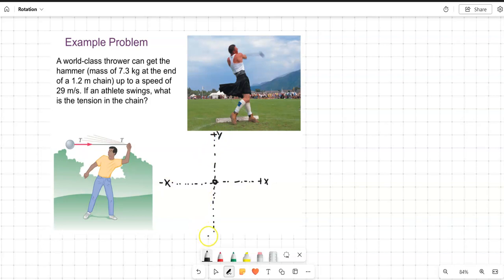Make sure that looks like y, and this will be the negative y direction. So that's our coordinate system. We're doing a force diagram on the ball. The ball is right here. We're going to have a force, the mass times gravity force, acting down on it in the negative y direction, so that's going to be a negative mg. There is a tension force pulling it to the center of the circle.